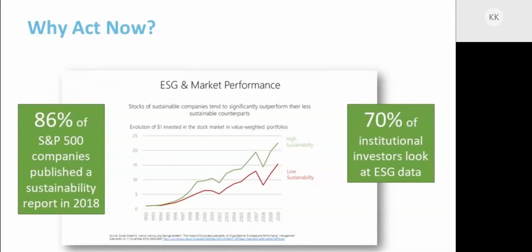And you're starting to see investors recognize this, exemplified by the fact that 8 in 10 S&P 500 companies are publishing sustainability reports at this point. And estimates are that 70% of institutional investors are looking at those reports when they decide who to invest in. So there's just a core business case that it's good business to do these things.